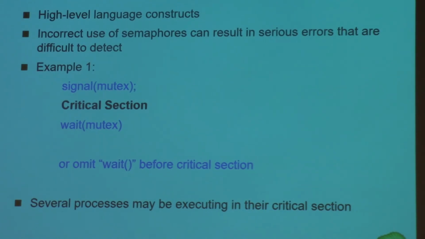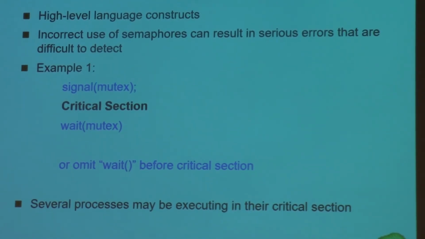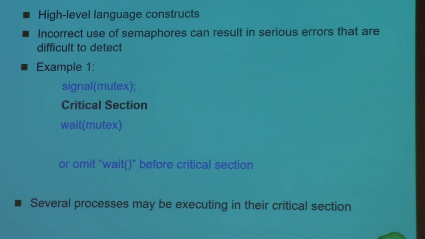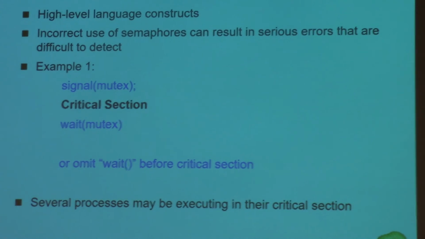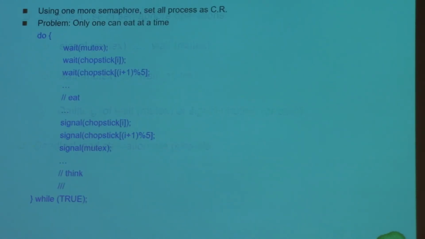To address that, nowadays we have a relatively new data structure. It's called the monitor. With a monitor, we want to know how many processes are waiting. For example, when we have the shared data, who is waiting and who is accessing.